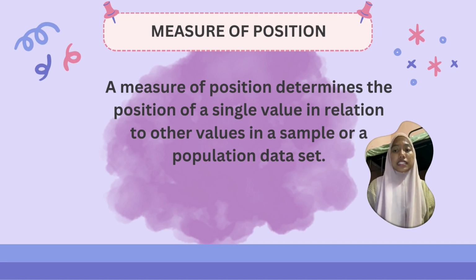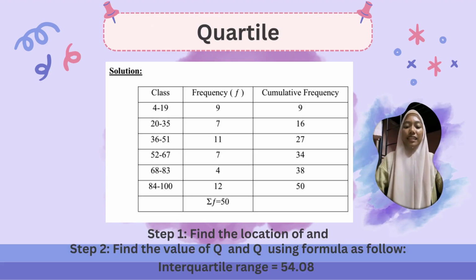Measure of position determines the position of a single value in relation to other values in a sample or population data set. Okay, next, quartile. The data must be sorted from lowest to highest in order to calculate the measurement of position.